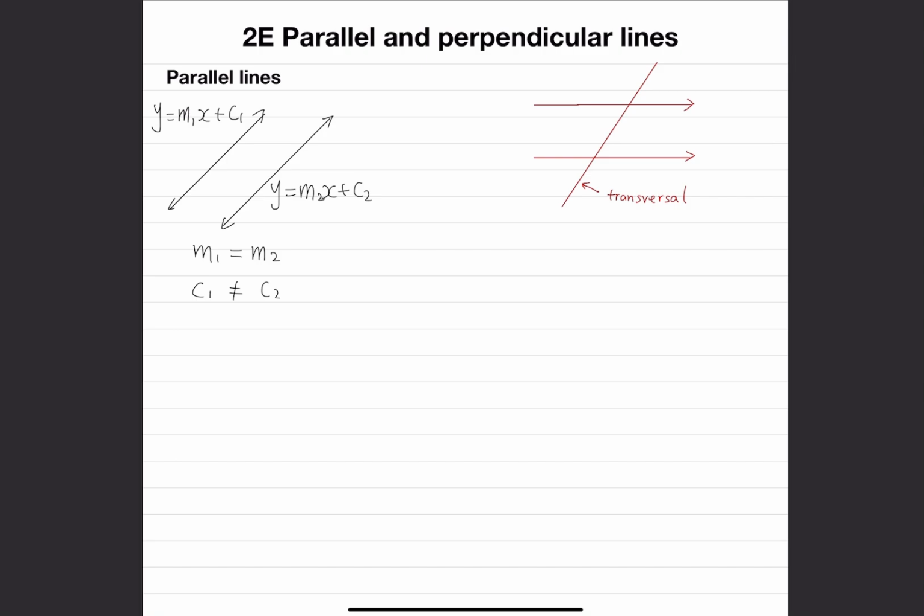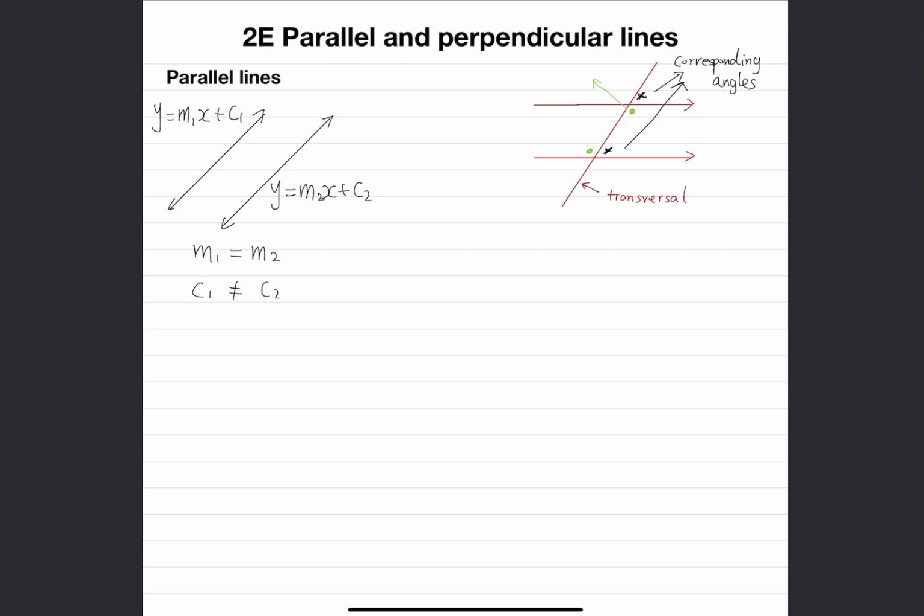In this relationship, we find there are a few angles. First of all, we start with this pair of angles, which we call corresponding angles.